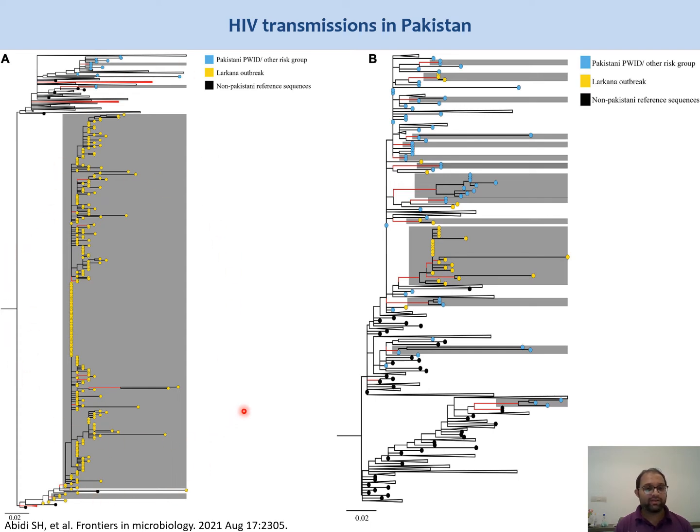There's evidence of ongoing transmission within the community, so HIV is silently and rapidly spreading throughout the community. So it's really important to do comprehensive molecular epidemiological studies to look especially at the transmissions of HIV and then channel our public health interventions to stop these transmissions.